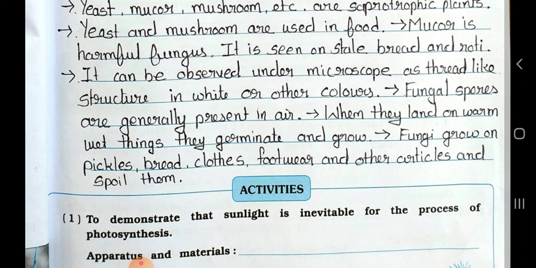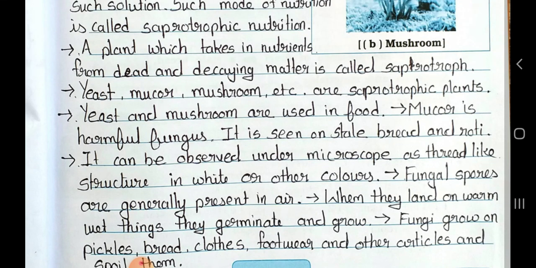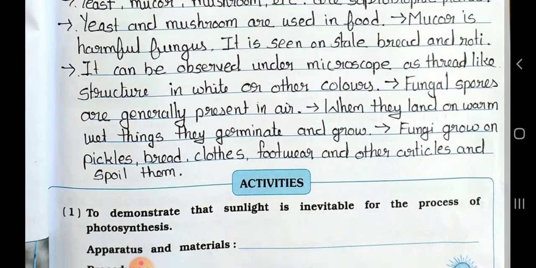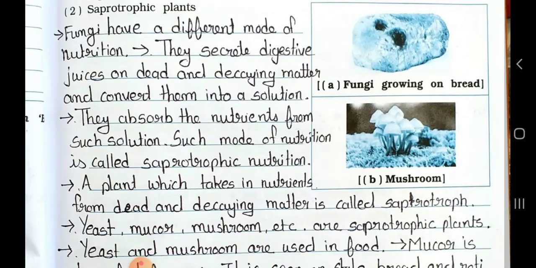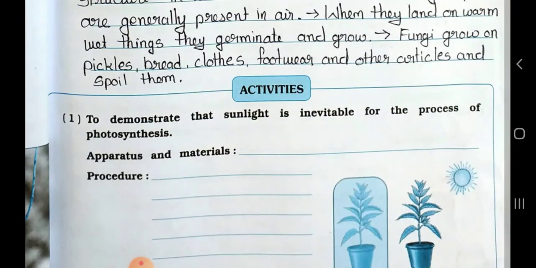And footwear also, in the monsoon season, some fungi spread on the footwear, on our shoes or chappals. That mode of nutrition is known as saprotropic nutrition. Its examples are fungi on bread and mushroom. Other examples are pickles, bread, clothes, footwear and other articles.